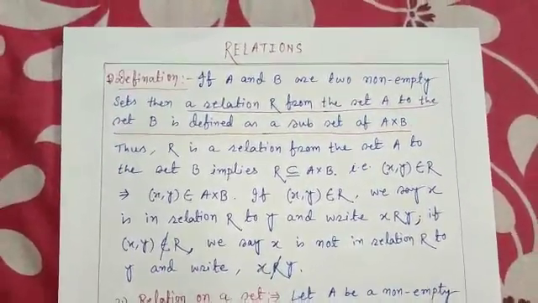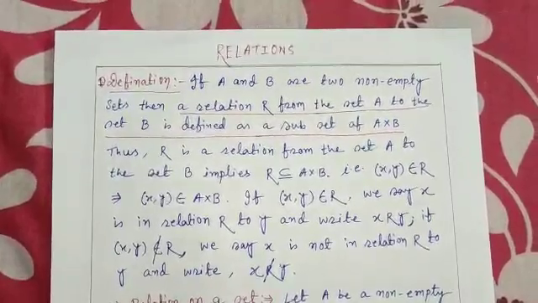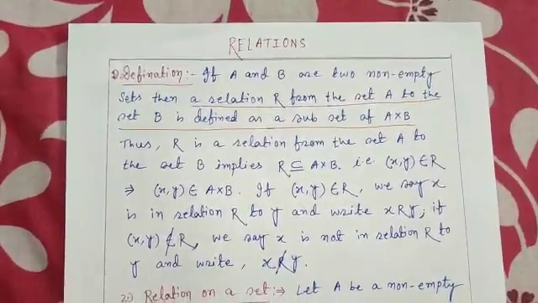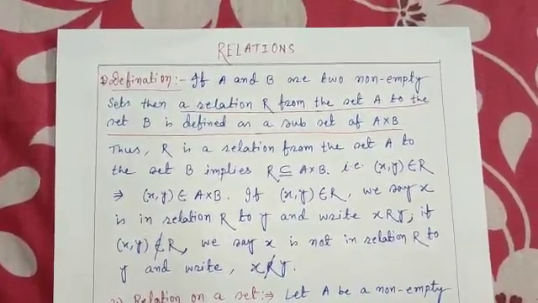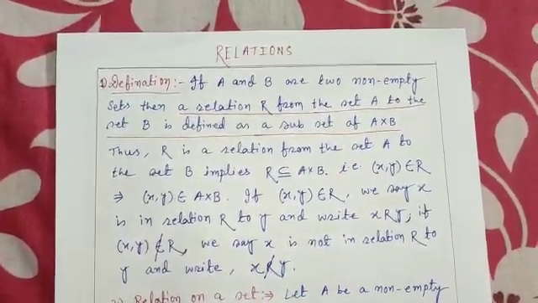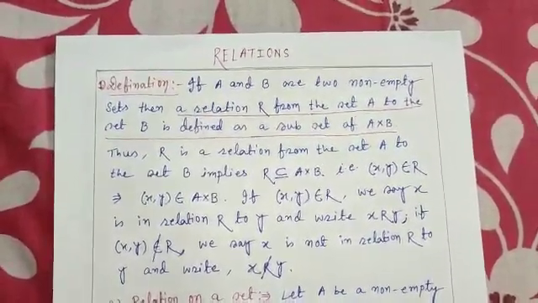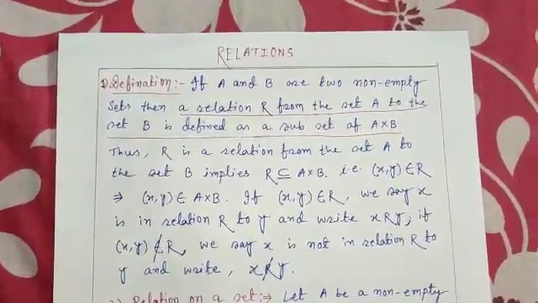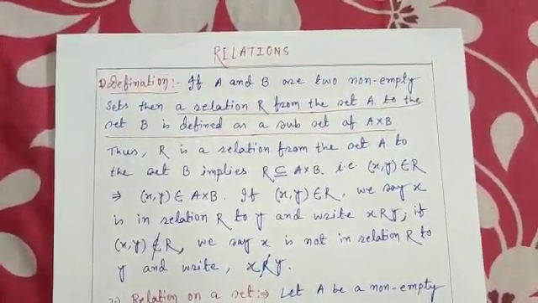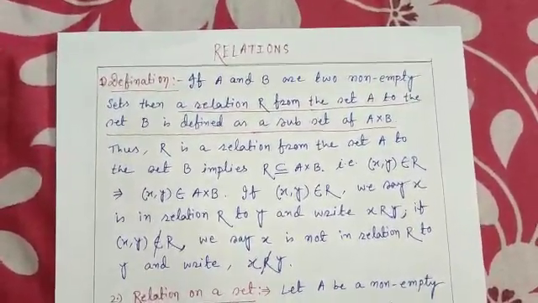We have learned how to find A cross B, that is the Cartesian product of two sets, in class 11. Now this time we will try to understand what a subset of A cross B is. Suppose A is a set having elements 1, 2, 3 and B has elements a, b, c.